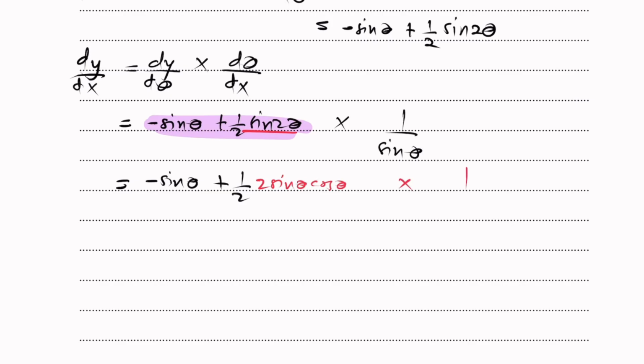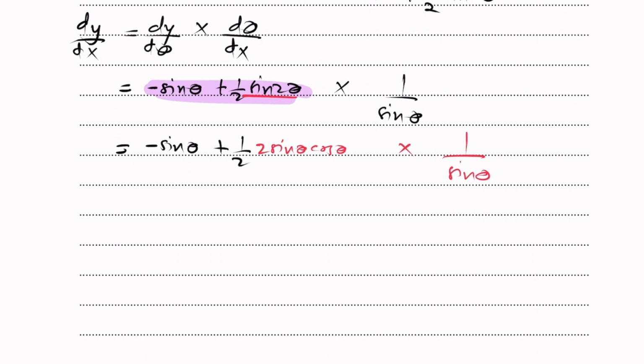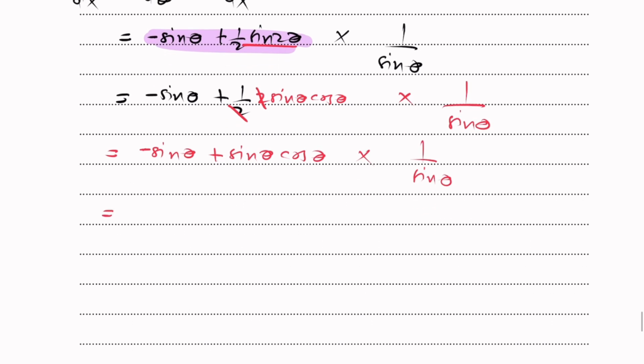So times 1 over sine θ. I'm going to keep that one there for now. And then 2 cancels 2, so I have negative sine θ plus sine θ cos θ times 1 over this.